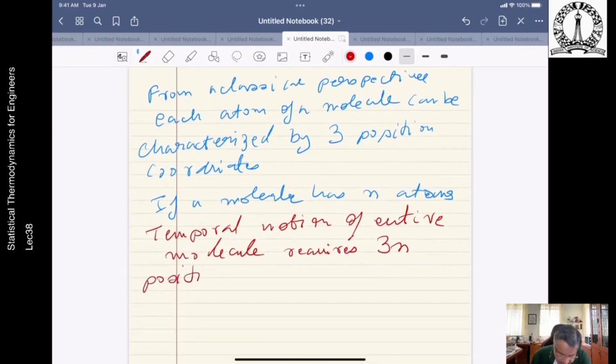Mostly these are independent of each other, so the position of one atom is not really dependent on the other.